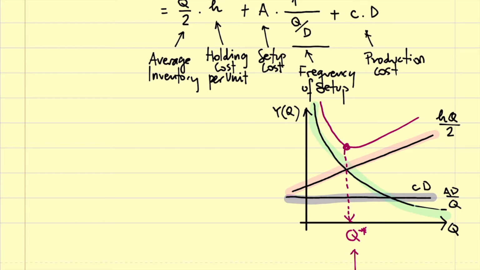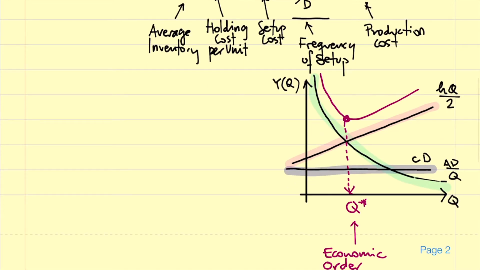This is the economic order quantity, because it's the best, because it has the minimum cost. So this is epsilon of Q star.